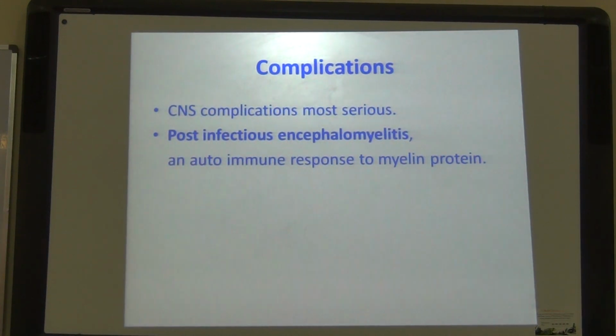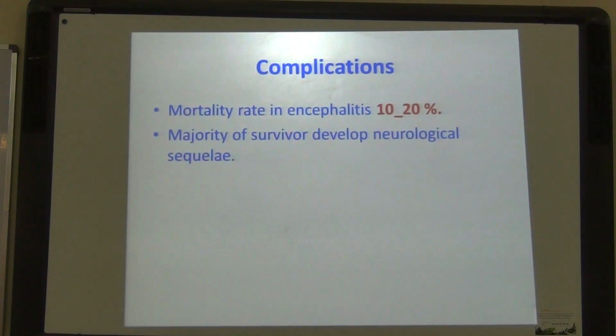As I told you, among the CNS complications, the most serious is post-infectious encephalomyelitis, an autoimmune response to myelin protein. The mortality rate in encephalitis is 10 to 20%, and the majority of survivors develop neurological sequelae.